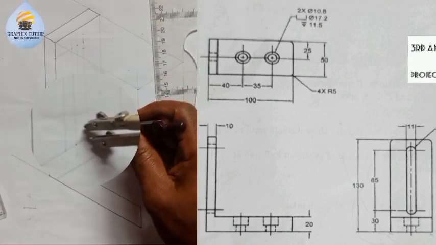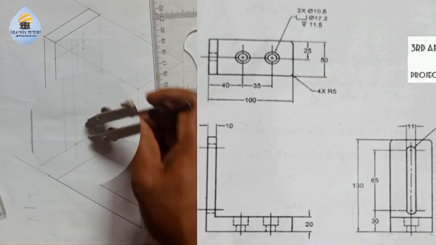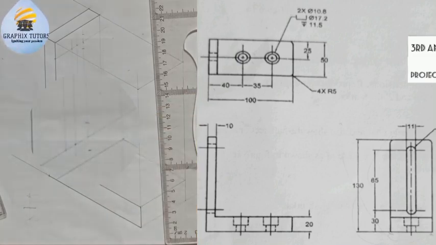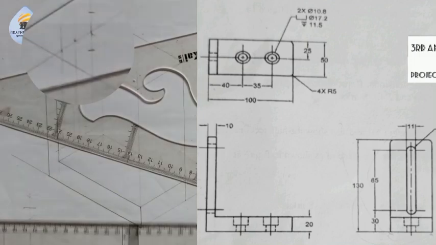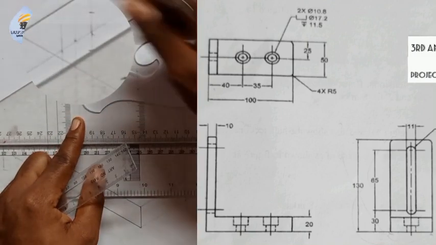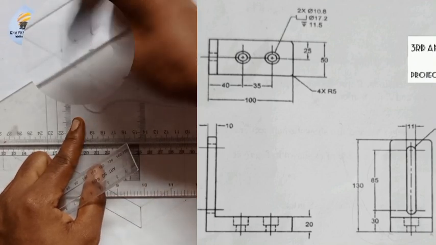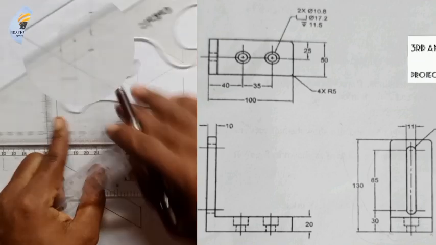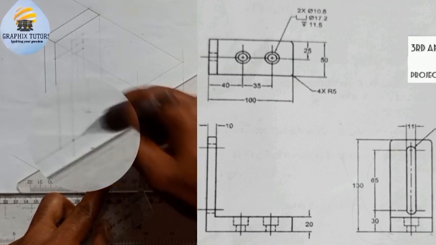I'll come here also, I'll do the same thing too. I'll mark up, and I'm going to mark down here. I'll extend this also. So what I'm going to do is I'll close them up so that will form a box. If you watch my previous video, for you to get your iso circle, you have to bring out a box. So I'm having this. You can see that. I'll come here also and do the same thing here.